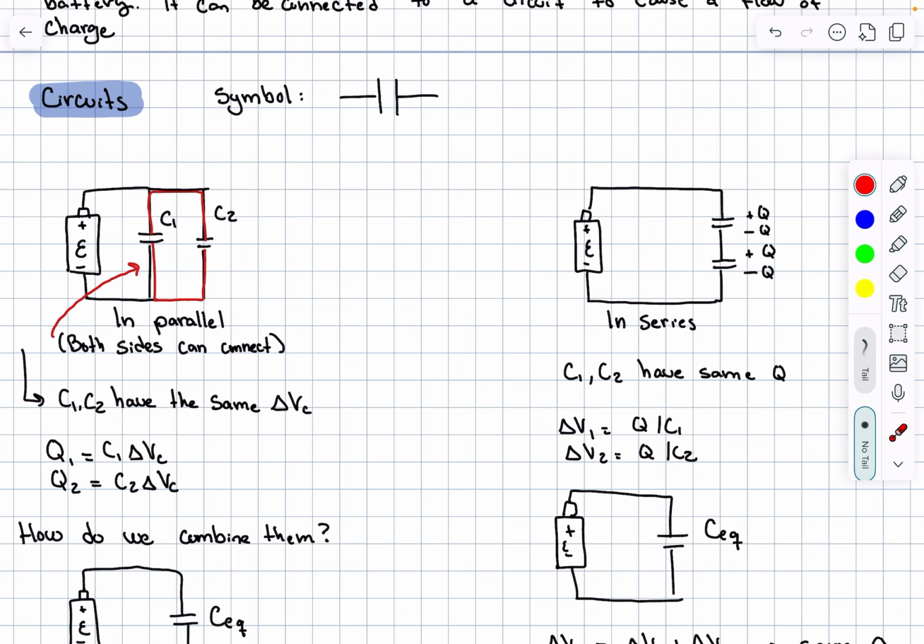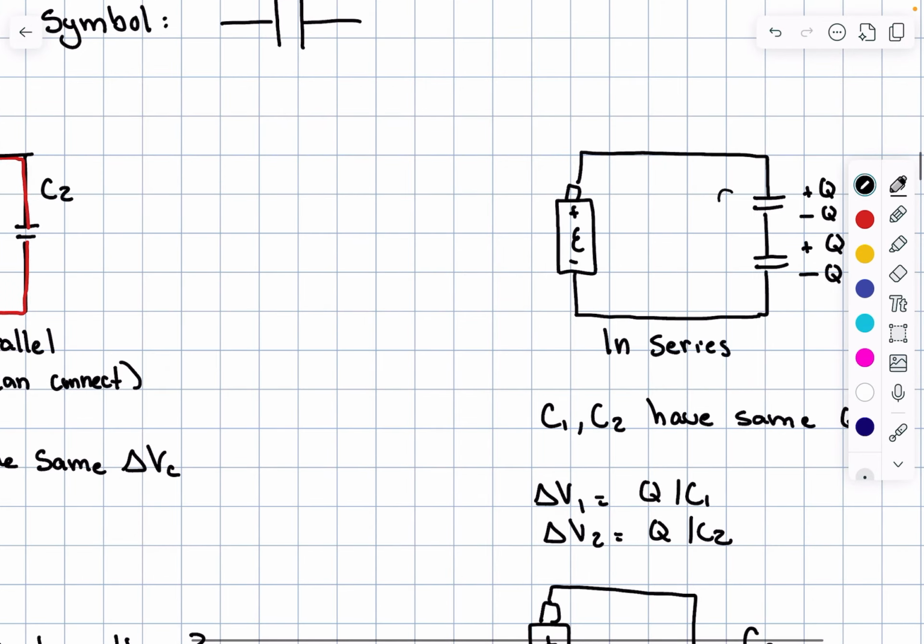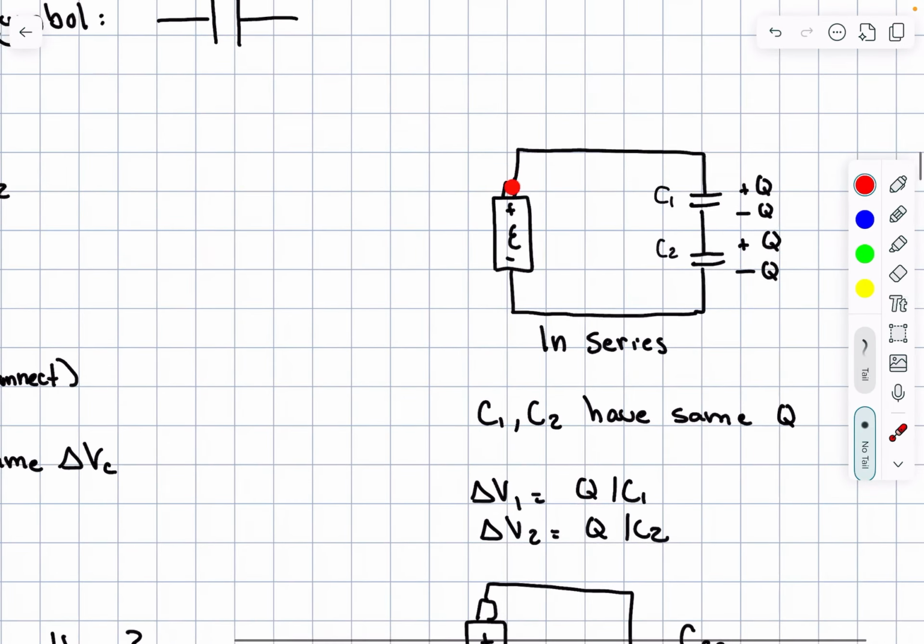The reason for that is because the battery is forcing these charges, and at some point, this potential difference between C1 is going to equal the potential difference between the battery. I should write this one C1 and this one C2. And at that point, the charge is no longer going to be flowing because it's maxed out. It can't force it through the rest of the system.